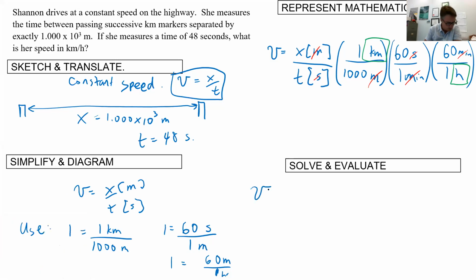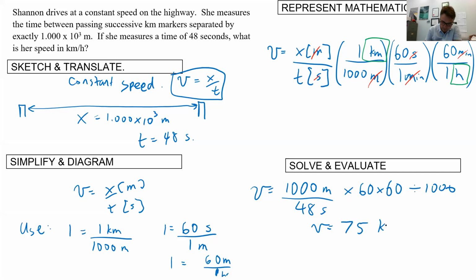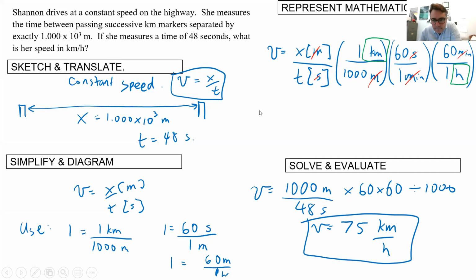So v is equal to 1,000 meters, which was what she measured, divided by 48 seconds, times 60 on the top times 60 on the top, divided by 1,000. And I got v equals 75 kilometers per hour. I think.